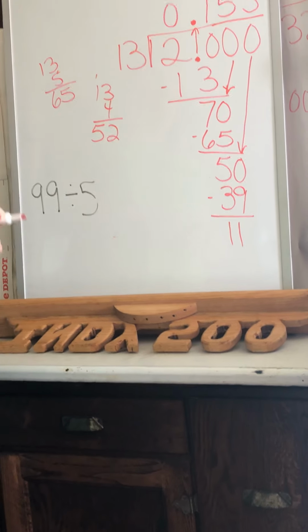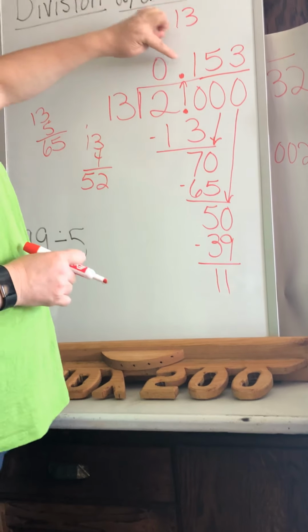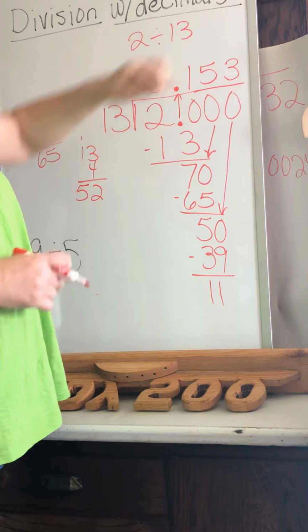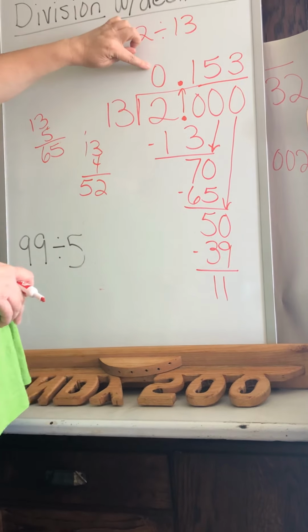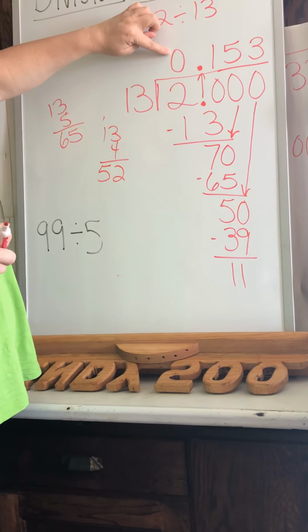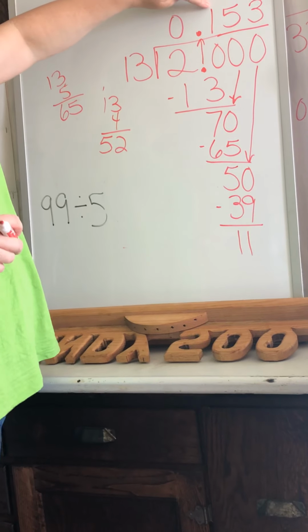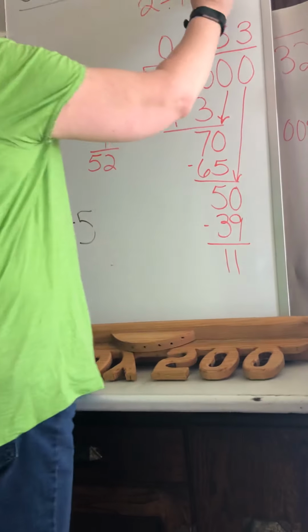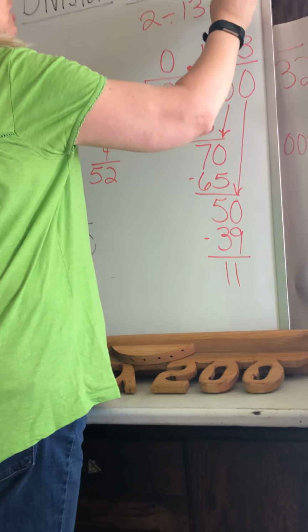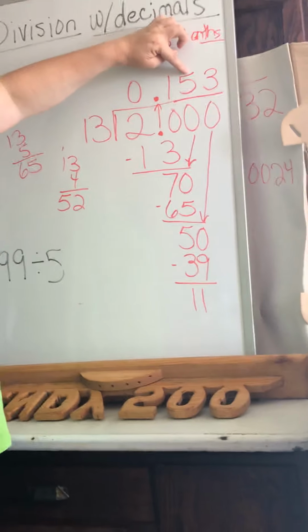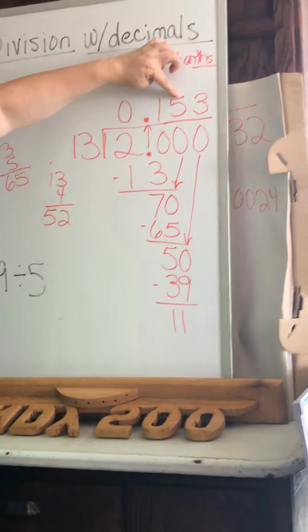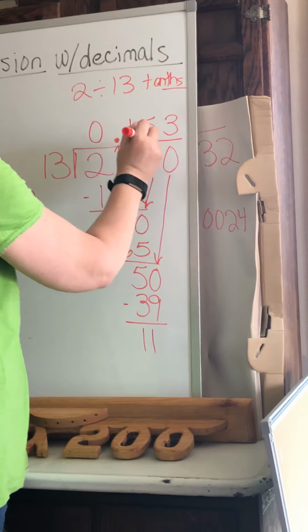So if we looked at this answer, 0.153, we'd want to find the hundredths place. Well, this is the ones place, or otherwise known as the units place. Here's the tenths place. Now that's tenths with a THS. Then next is the hundredths place. So we're rounding it to the nearest hundredths place. So we're going to look here.